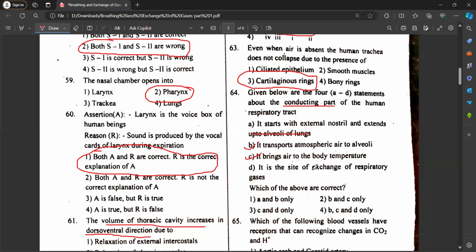No, it only conducts the air. Therefore, which of the above are correct? B and C are correct.